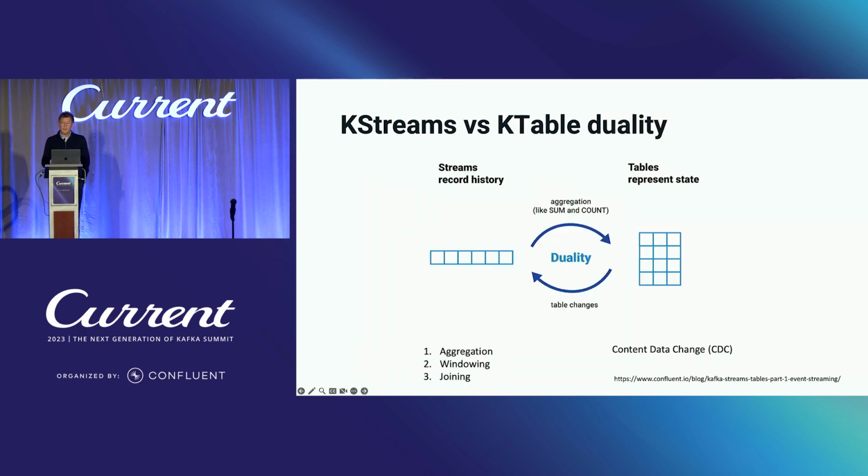And a very important thing also is the duality between KStream and KTable. How can we go from KStream to KTable? We can do aggregation, windowing, which is another way of aggregation, and joining.